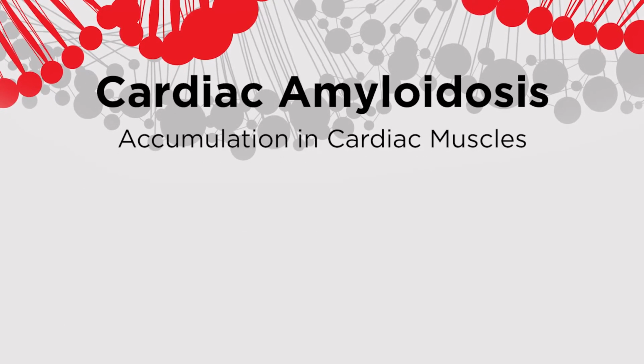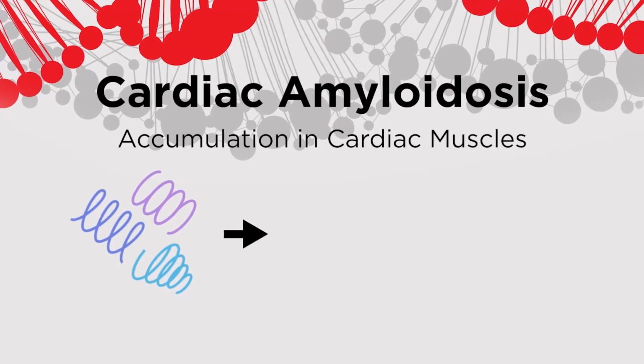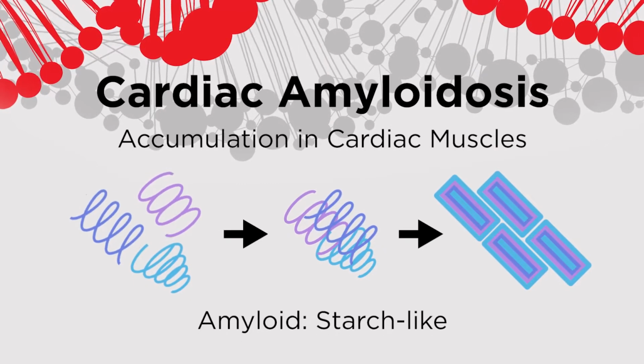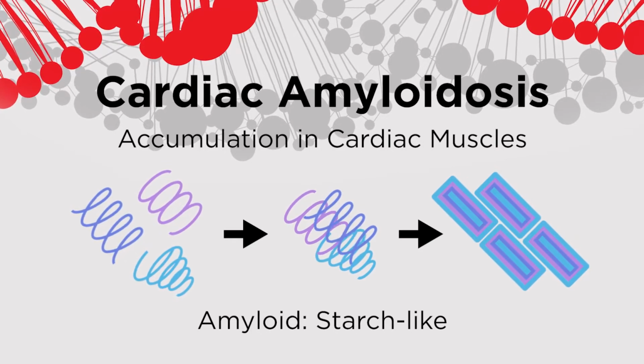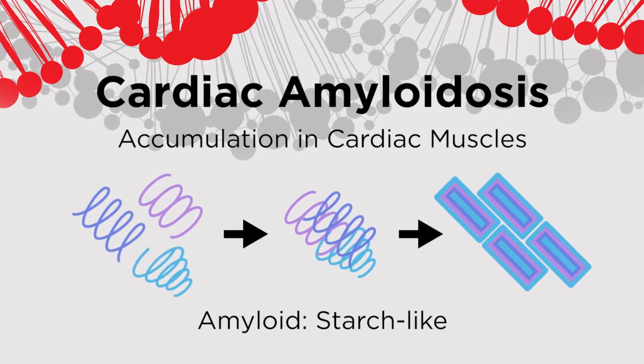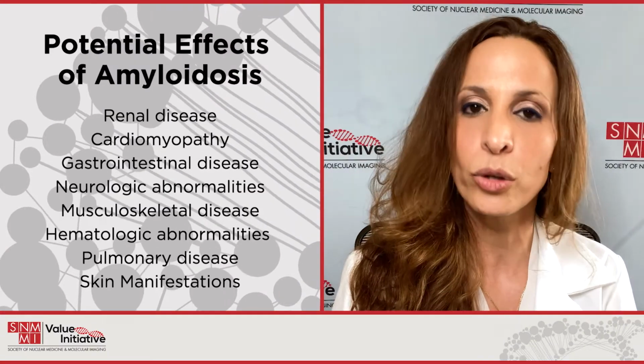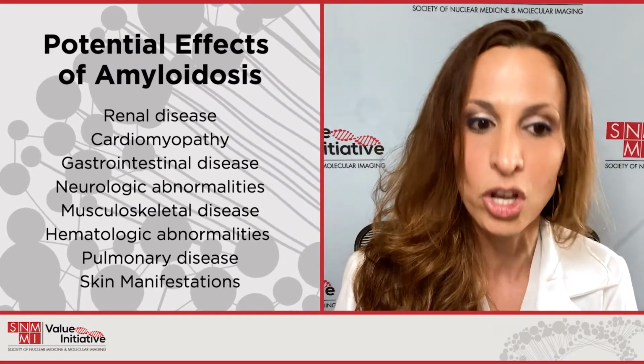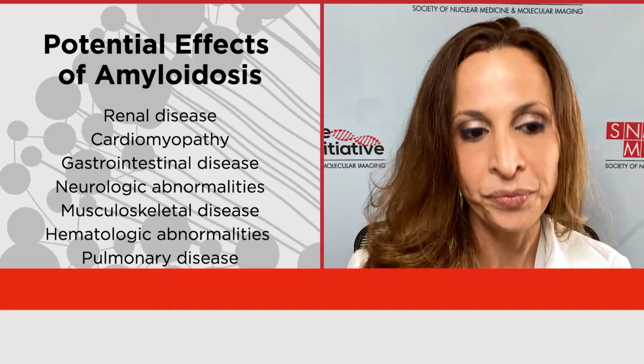Depending on the organ where it accumulates, the clinical scenarios may be different, but if it accumulates within the cardiac muscles, this is what we call cardiac amyloidosis. Cardiac amyloidosis can happen due to genetic mutations, and it can also happen due to older age.